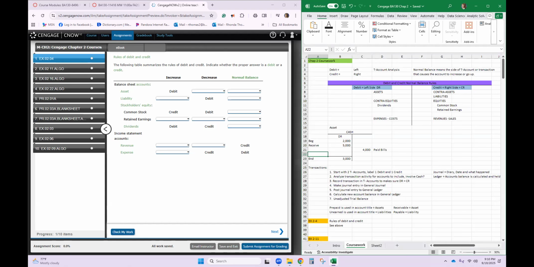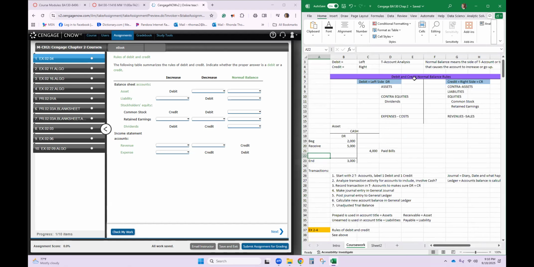Here are the rules of debits and credits. Remember, debits is the left side, credits is the right side. Assets, dividends, expenses. I forgot to put the word losses here as well. They're known as contra equities because there are going to be some contra assets that we see here soon, but I know that's probably a weird term, contra.